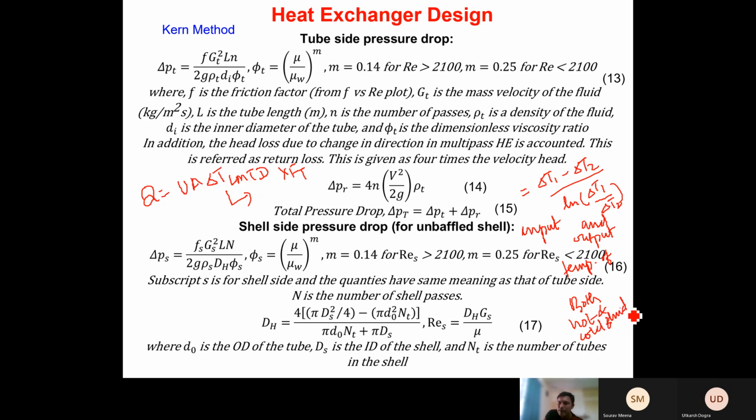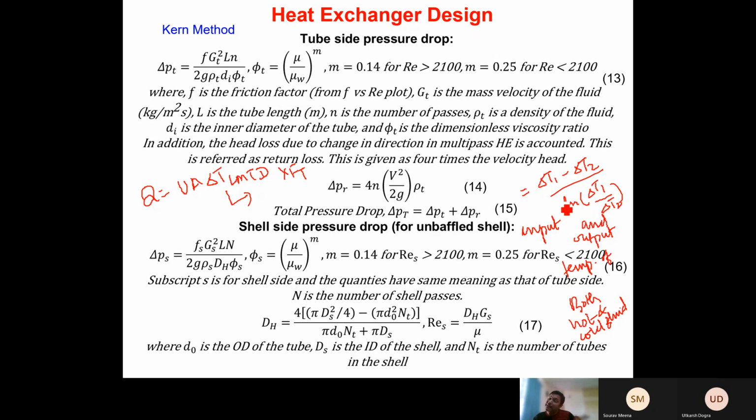Do you agree? Then and only then can you calculate delta T1 minus delta T2 divided by ln(delta T1 by delta T2). What is delta T1? Delta T1 is nothing but the temperature difference between hot and cold fluid at location 1, isn't it? Delta T2 is the temperature difference between hot and cold fluid at location 2. Yes or no? Yes, sir. You need to know both the terminal temperatures, input and output.